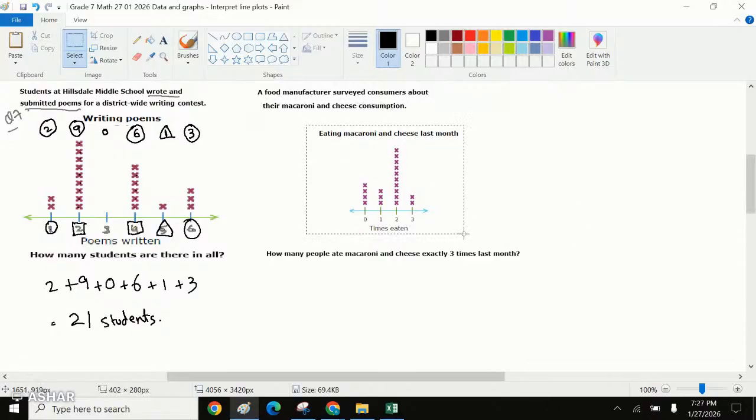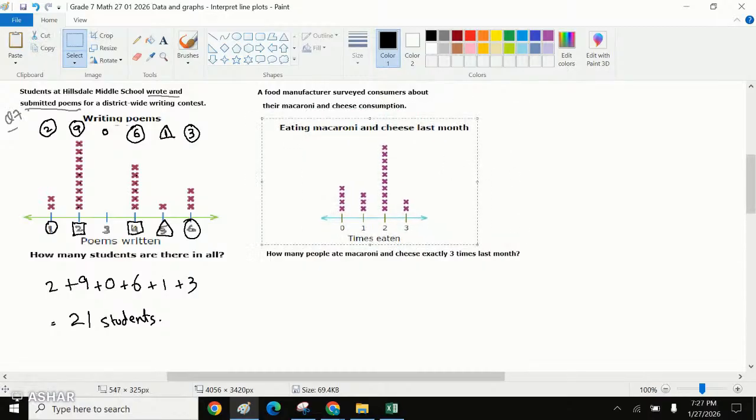I'll make this a little larger so that it's more visible to us. Okay, this is question number 8. And what they're asking is, eating macaroni and cheese last month. So there were some people who did not eat it, right? So how many of those people were there who did not eat cheese and macaroni?